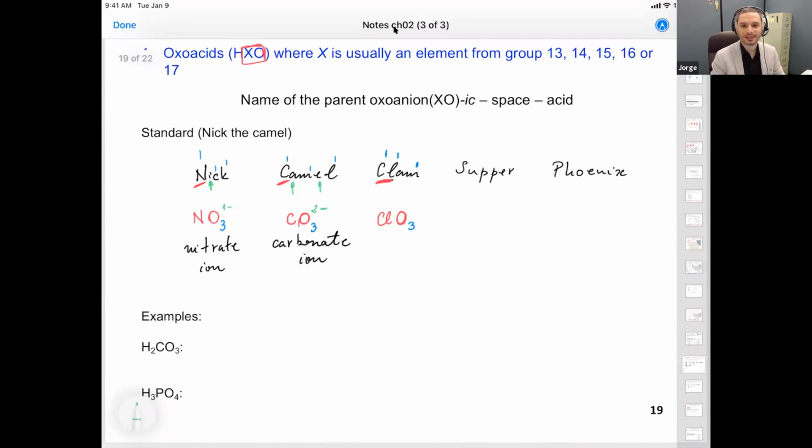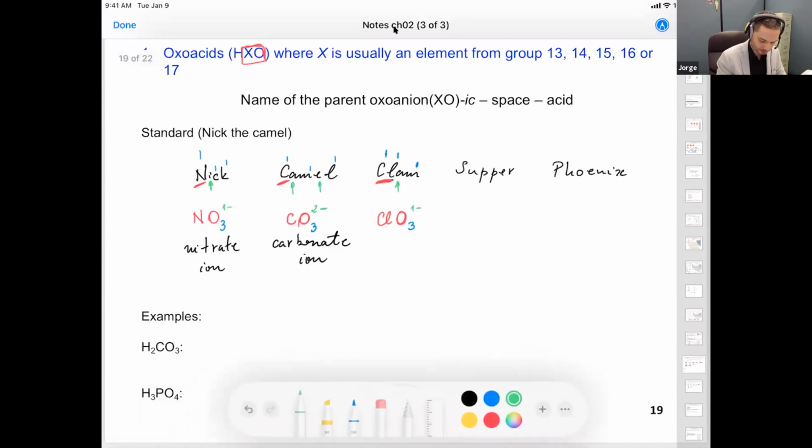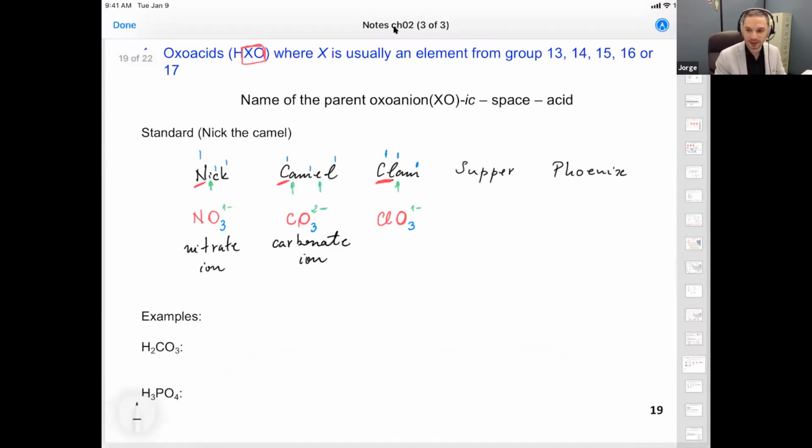There is always a negative charge, and the number of the charge is equal to the number of vowels in the word. 1 vowel, 1 minus. ClO3 minus is formed by chlorine. Therefore, the name of the ion is going to be chlorate ion.